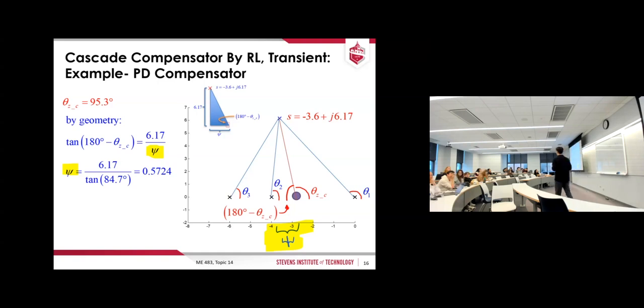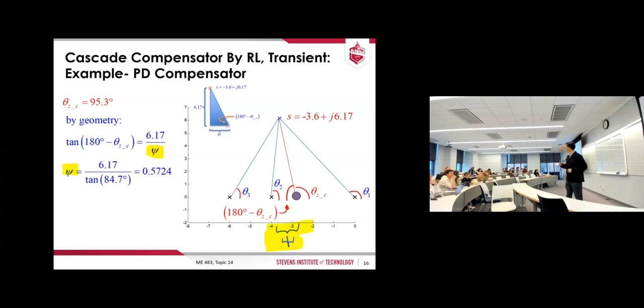You're kind of puzzled because I said a wrong number. Now, this point should be negative 3.6, correct? So all you need to find is C. As long as you know this C, you can find the location of the zero, correct? That's all we need to do. So it's just geometry now.